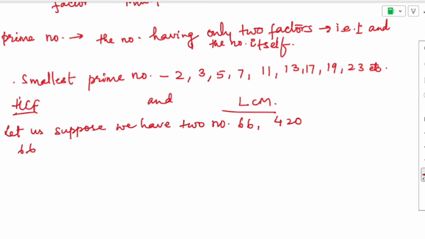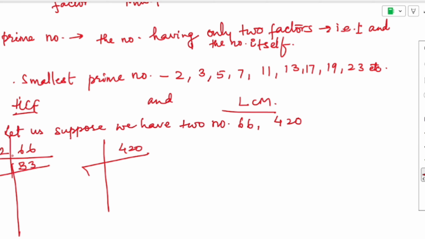So we write 66 over here and 420 here. The smallest prime number is 2, so we divide 66 by 2, we get 33.